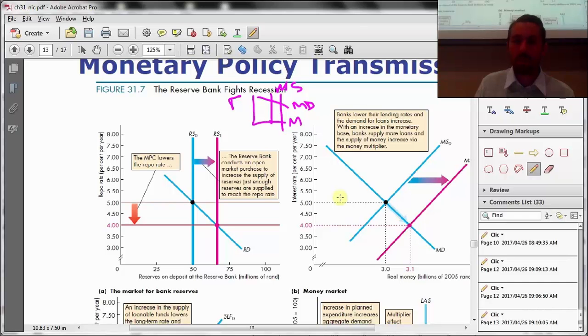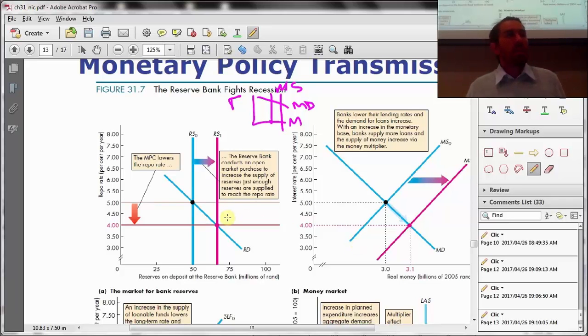So the diagram we usually use, which is this vertical money supply curve and downward sloping money demand, is kind of just combining these two diagrams together.